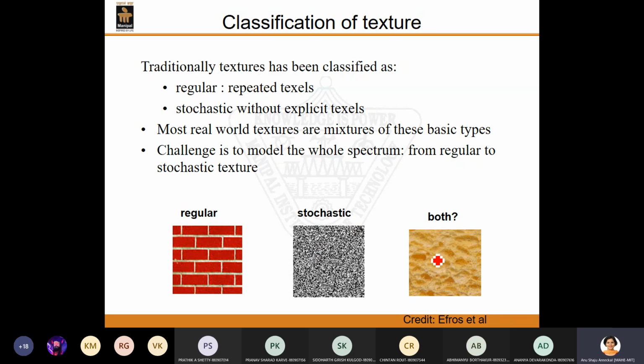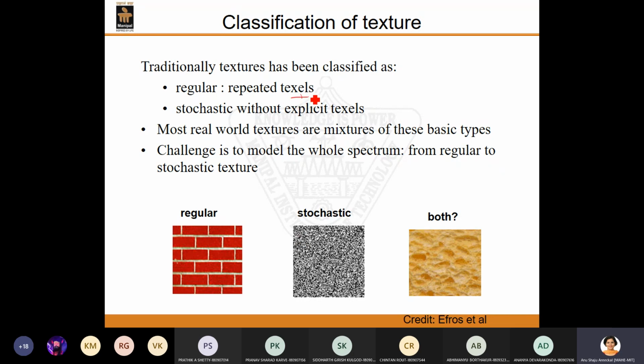Now in texture synthesis methods, the case of regular is quite simple, but when it comes to a mixture of both regular and stochastic, it is a challenge to develop texture synthesis methods that can work with all these variabilities, right from the regular to the random ones.